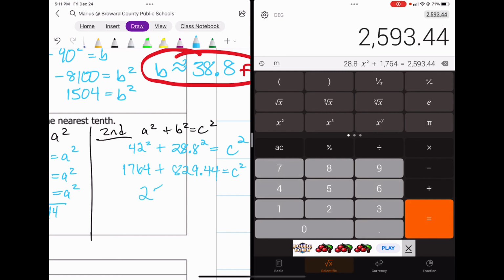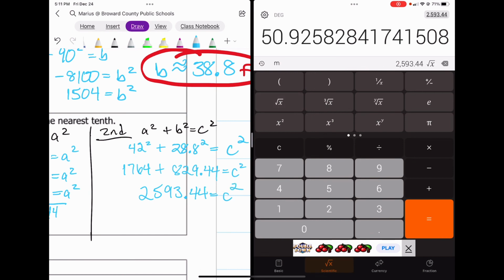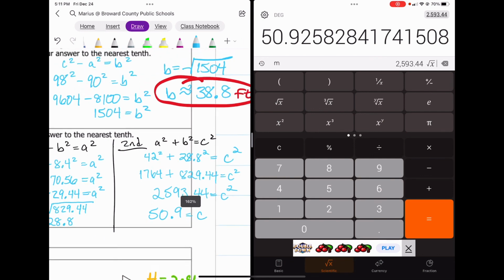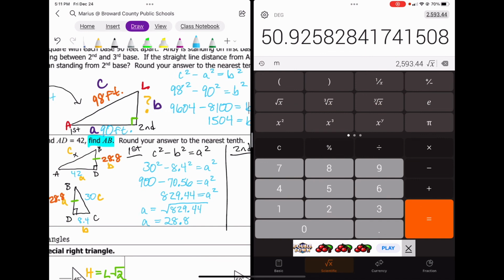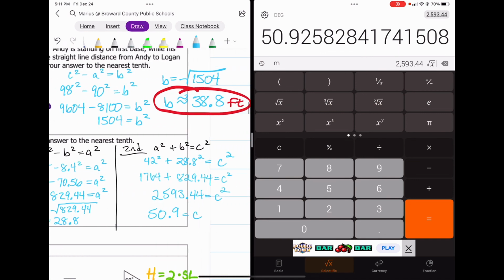It's going to give us 2,593.44. And then to get our final answer, we're going to take the square root of that, which is approximately, it says to the nearest tenth, so 50.9. All right. And what were the units here? Oh, just 50.9.